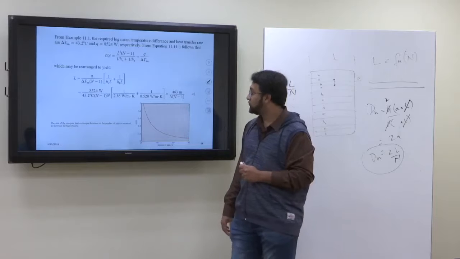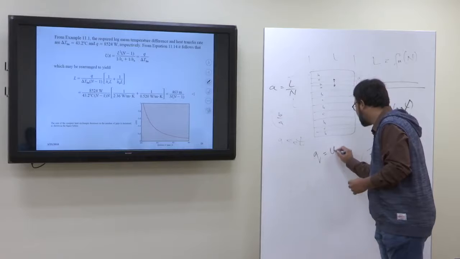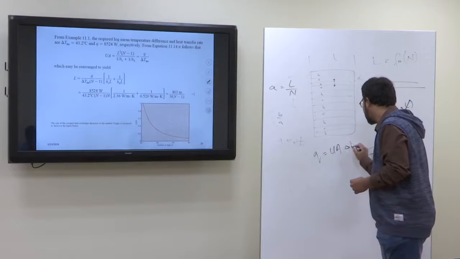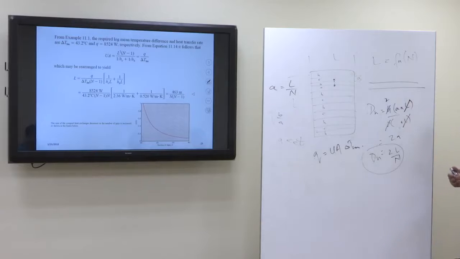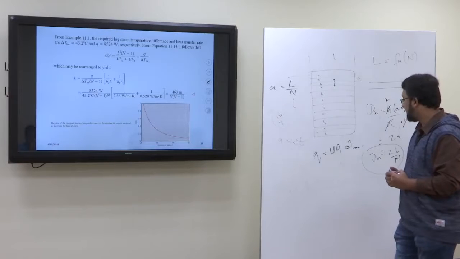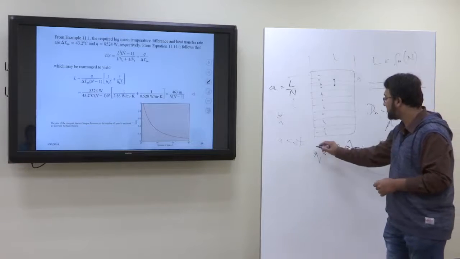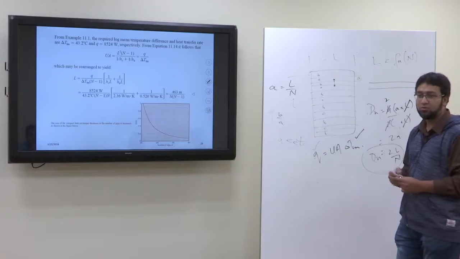Now we have this formula, Q is equal to U A delta T Lm, the log mean temperature difference. That's the main formula over which we are going to be replacing everything. So in this formula, Q is known and delta T Lm is known. How?